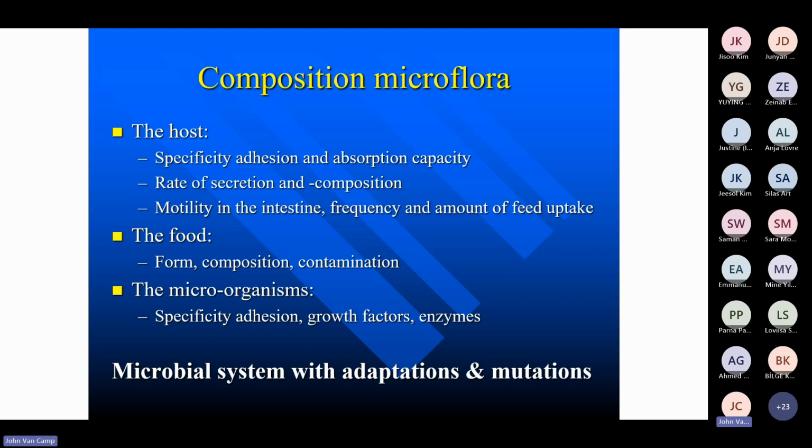If you go to another country, you eat a food that you're not used to, it can be that your microbiota is not stable and you get diarrhea, which we call traveler's diarrhea. It's very temporary. If you are there for a couple of weeks, it will stabilize again and you don't have any problems anymore. But the system can rapidly change, but also rapidly can destabilize, depending on the outside environment.